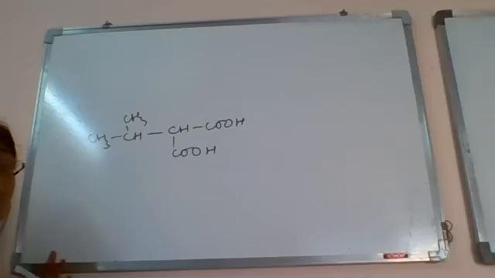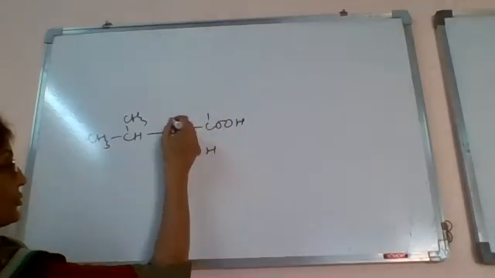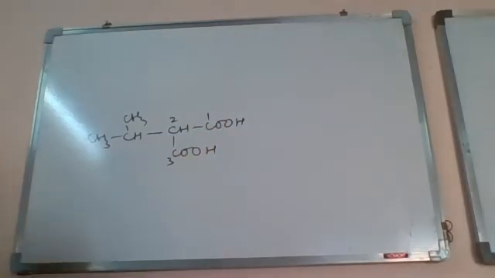But 2 COOH groups are there and both are functional groups. We try to include all the carbons of the functional groups. So the chain will be 1, 2, 3. Even though it is not the longest chain, we have to include the carbon atoms present in the functional group. Try to involve all in the parent chain.